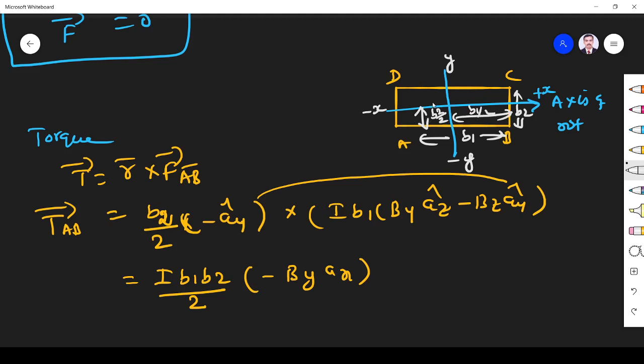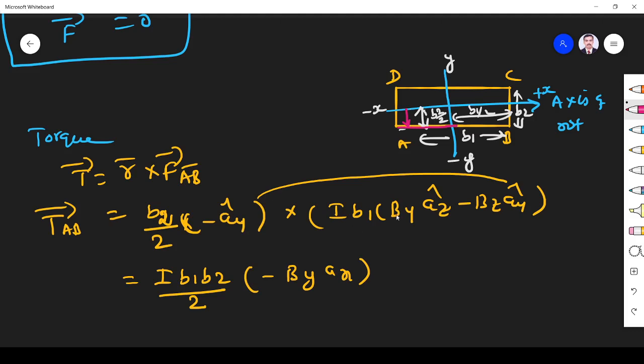Okay. So R A to B is this one. From the axis of rotation, it is at a distance of B2 by 2. And in which direction? It is below the axis of rotation. So it is minus AY here. My conductor is lying on this side. You see, A to B is on this side, so it is at a distance of B2 by 2 in minus Y direction.